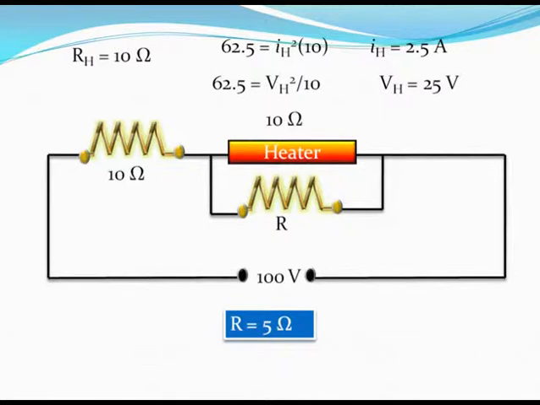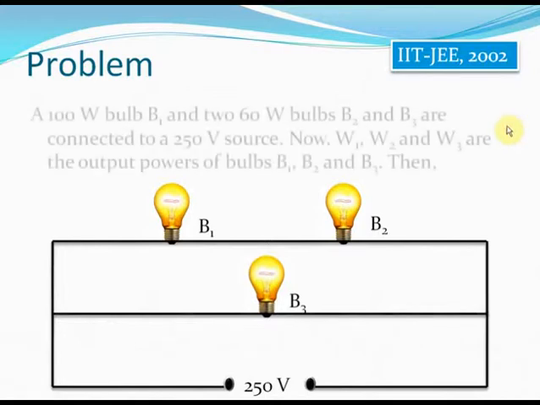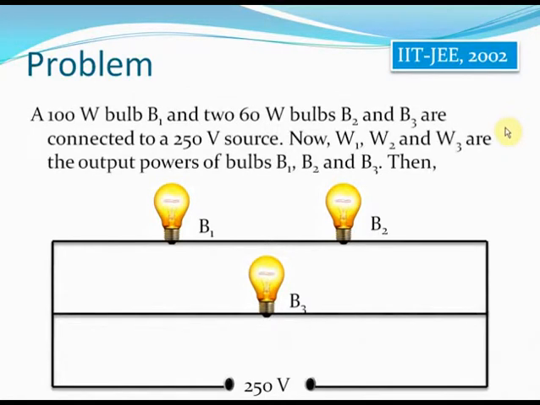To further get a grasp over the heating effects of current, let's solve yet another IIT JEE problem. This IIT JEE problem was asked in 2002. A 100 watt bulb B1 and two 60 watt bulbs B2 and B3 are connected to a 250 volt source.